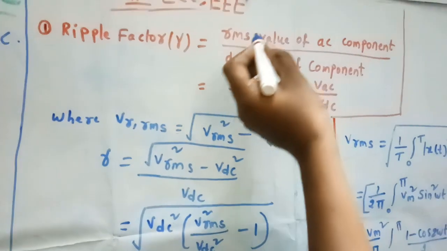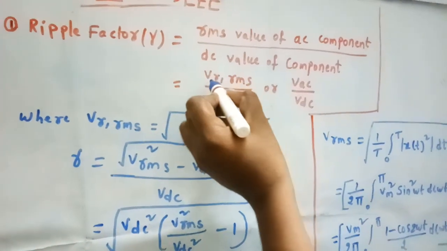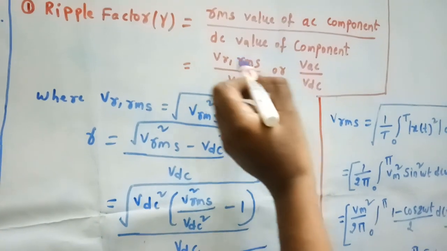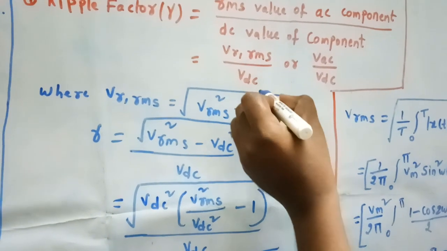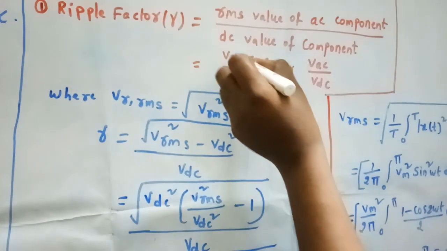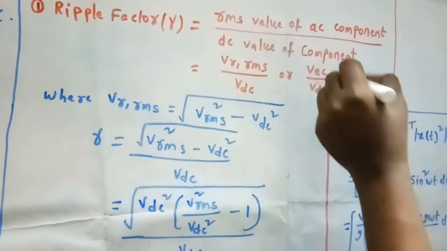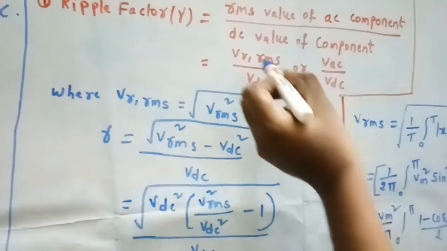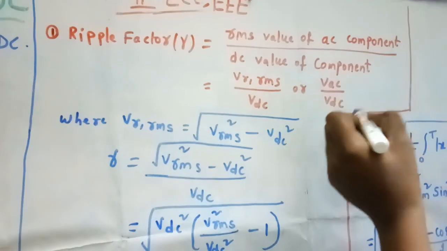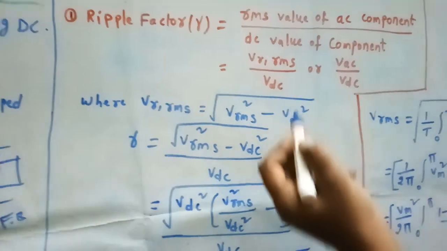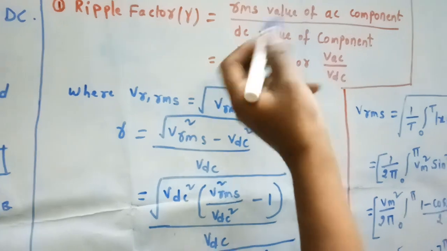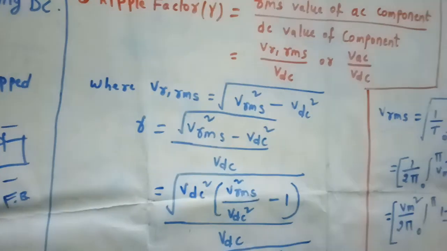That is indicated as V_r,rms by VDC, where the RMS value of the AC component is V_r,rms. This may also be called VAC. So in the laboratory we take VAC and VDC. So V_r,rms is VAC by VDC. Let us find V_r,rms and VDC and substitute here, then you may get the ripple factor.